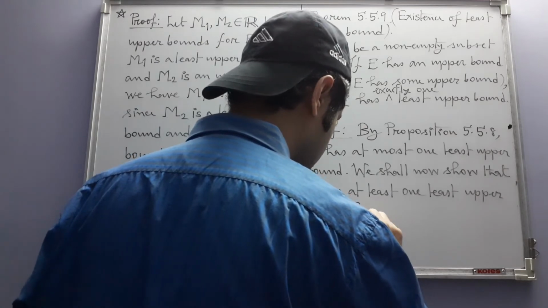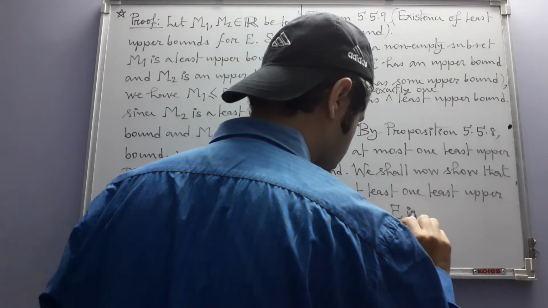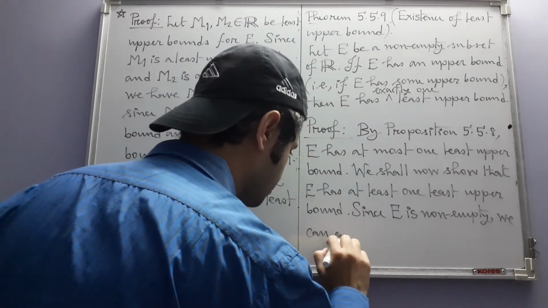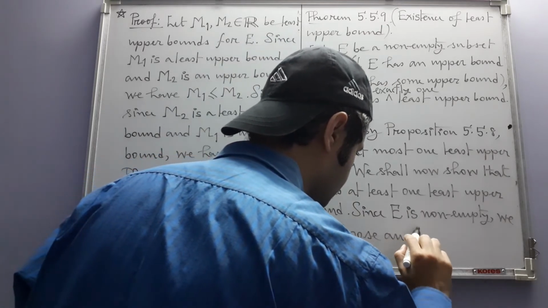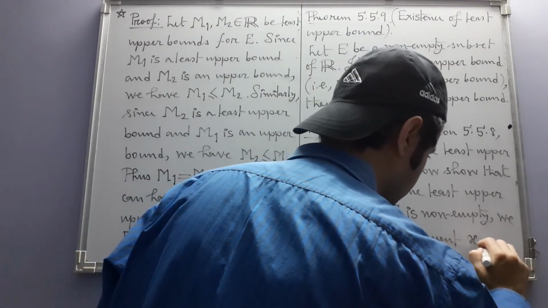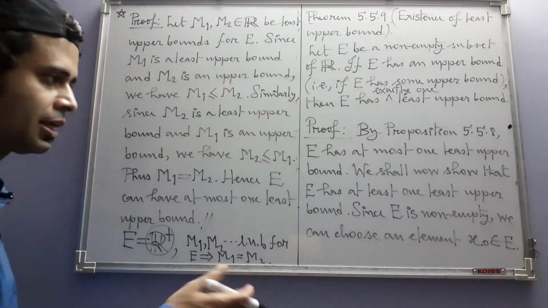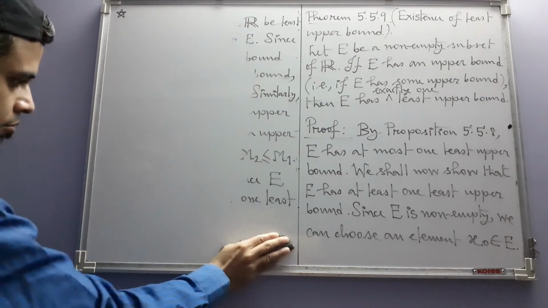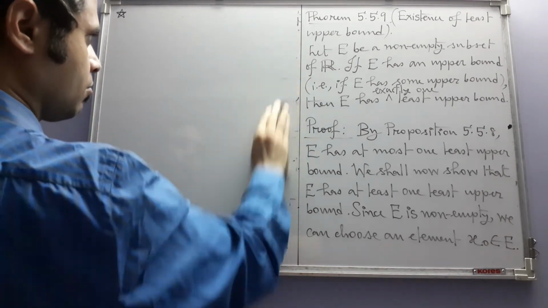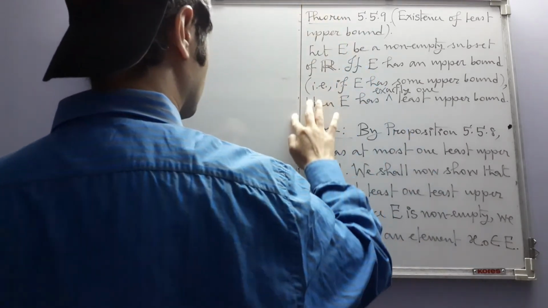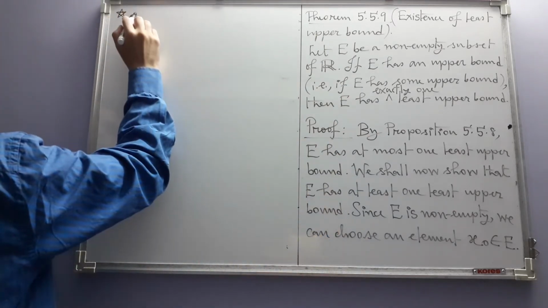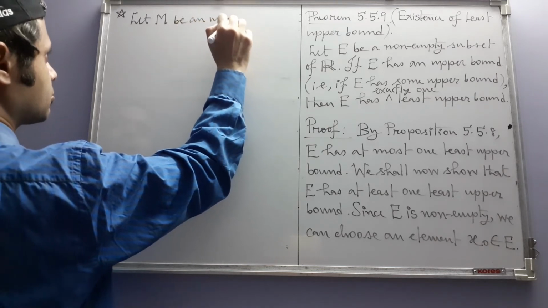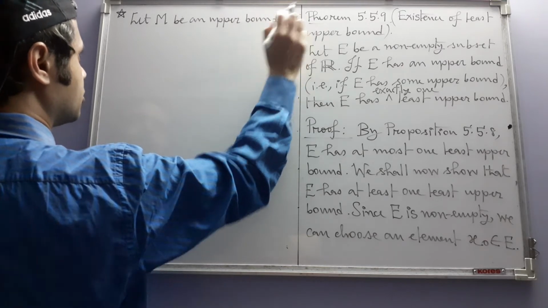Okay, since E is non-empty, we can choose an element x naught belonging to E, some element. Let M be an upper bound for E.